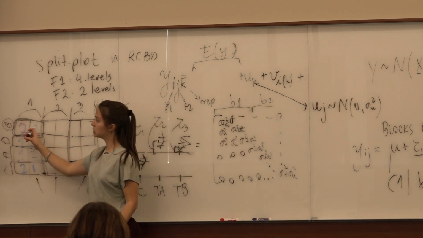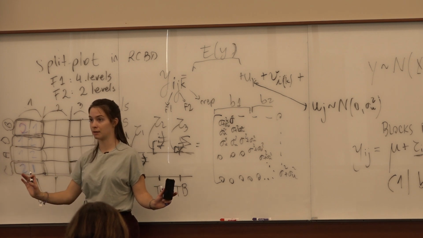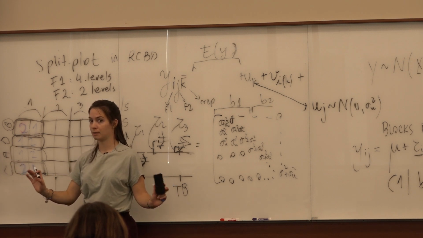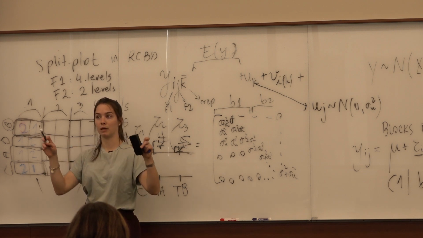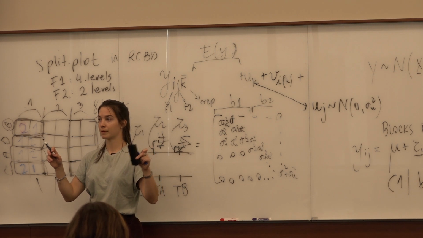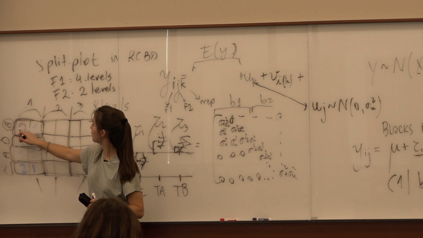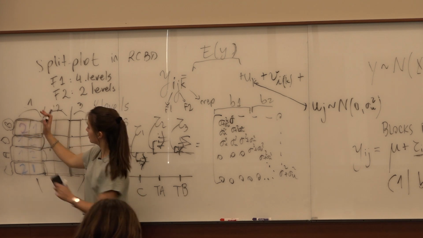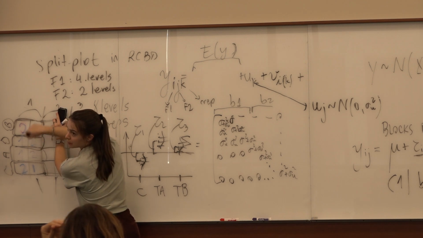And then, now inside this was randomized, so it's the error, the independent error, again, right? But now we have, hierarchically, many sorts of blocks. Because if we're comparing only factor 2 in this block, these are like the blocks for the second factor, right?